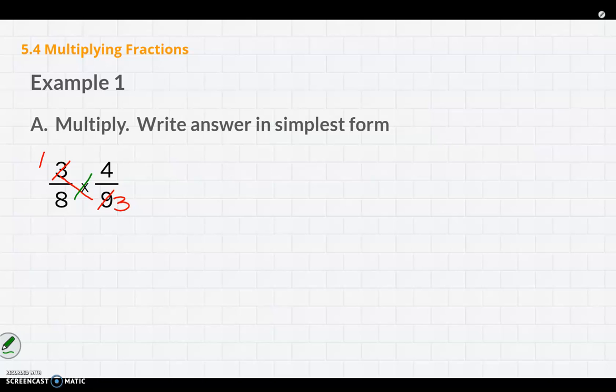So I'm going to divide 4 by 4, and I get 1, and divide 8 by 4, and I get 2. And that is how you are going to cross reduce. So you look across the fraction, ask yourself what number you can divide both of them by, and then do so.